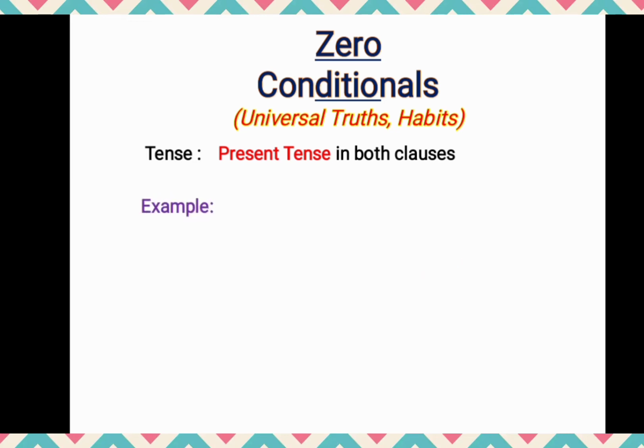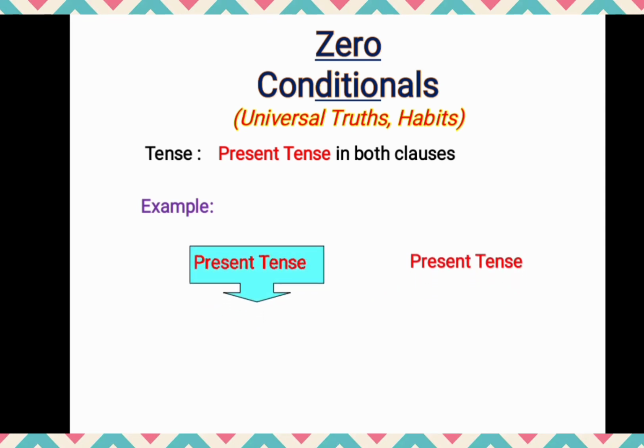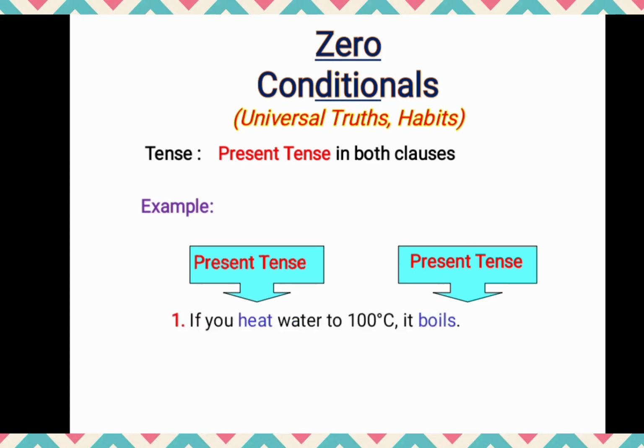And we have an example regarding zero conditional. Present tense in both clauses. An example sentence: if you heat water to 100 degrees C, it boils.